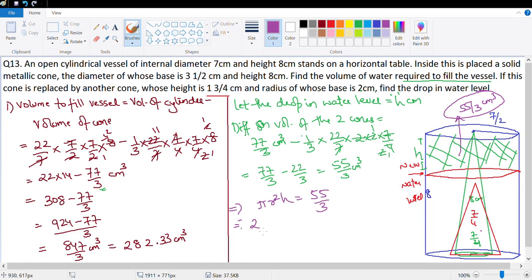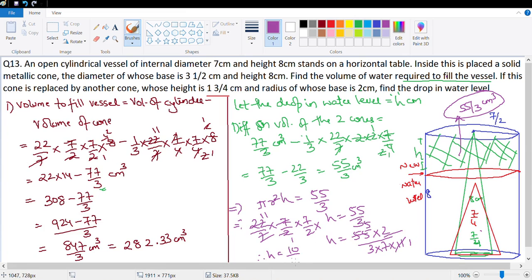That's 22 upon 7 into r of the cylinder is 7 upon 2 multiplied with 7 upon 2 into h we need to calculate is equal to 55 upon 3. 7 and 7 gets cancelled to 1 to 11. H would be equal to 55 into 2 upon 3 into 7 into 11. 11 1, 11 5. Therefore, H is equal to 10 upon 21 centimeter.